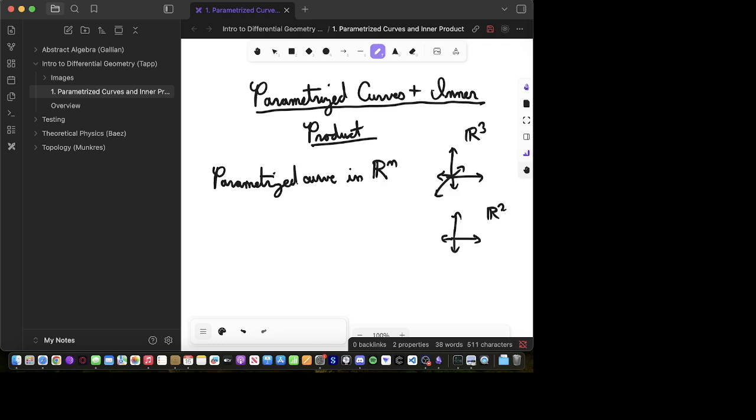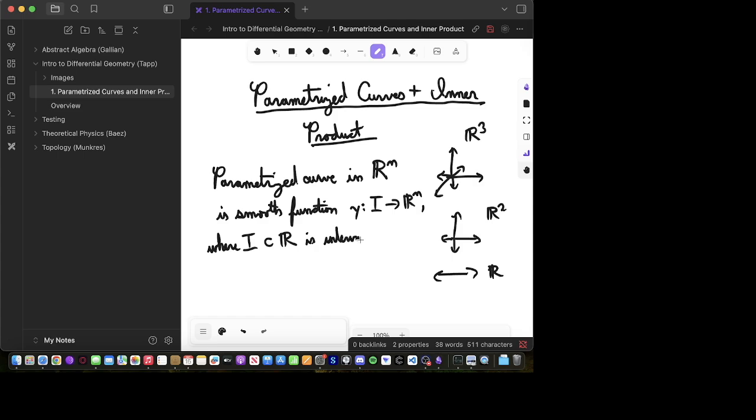You might be familiar with the Cartesian plane, that's R2, and R1 would just be the real number line. So a parametrized curve in Rn is a smooth function, which let's call gamma, from I to Rn, where I, which is a subset of R, is an interval.